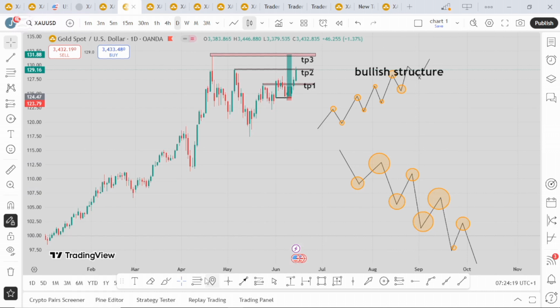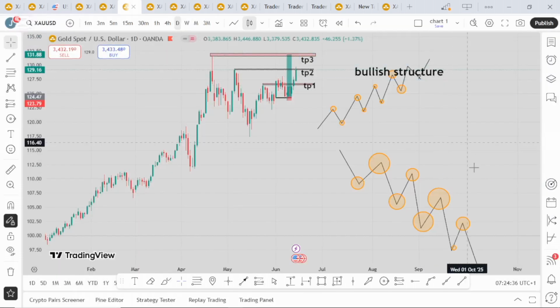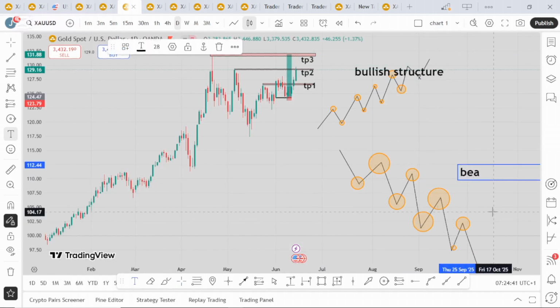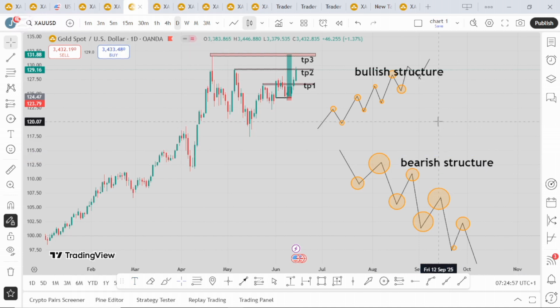So let me also indicate it here so that you see it. Bearish, this is a bearish structure.